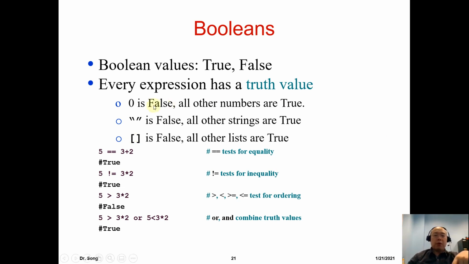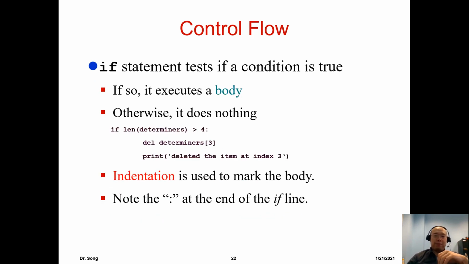For example, an integer 0 will be evaluated as false, and all the other numbers will be evaluated as true. For empty objects, like an empty string or an empty list, they will be evaluated as false, and all the other items, like a non-empty string, non-empty tuple or non-empty list, will be evaluated as true.